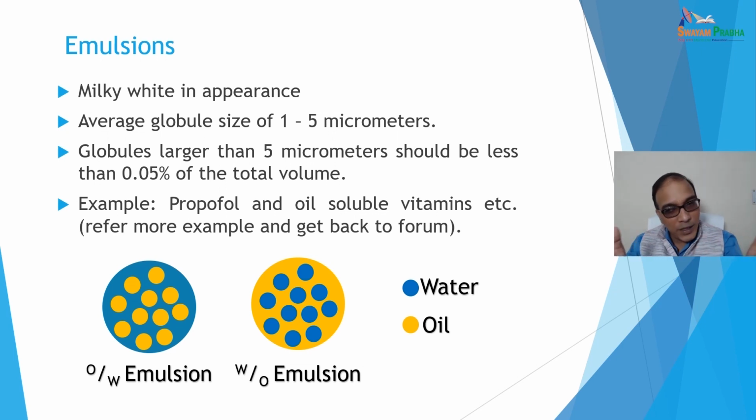So these may be oil in water emulsion, or maybe water in oil emulsion, depending upon what is the continuous phase. If the continuous phase is water, then it is oil in water. If continuous phase is oil, then it is water in oil emulsion. These basic concepts we have studied earlier also in our course 1.